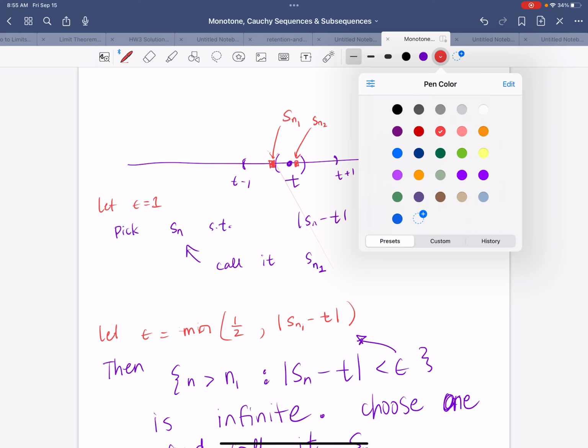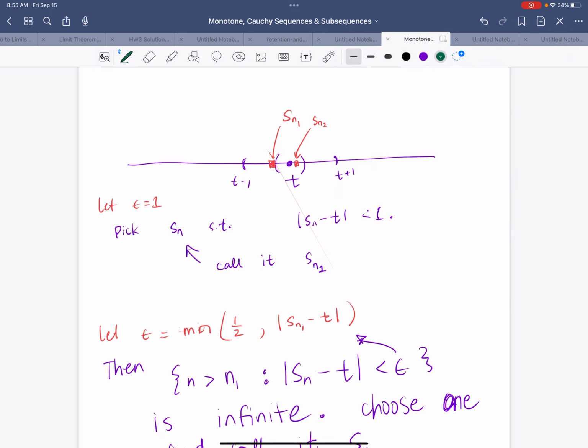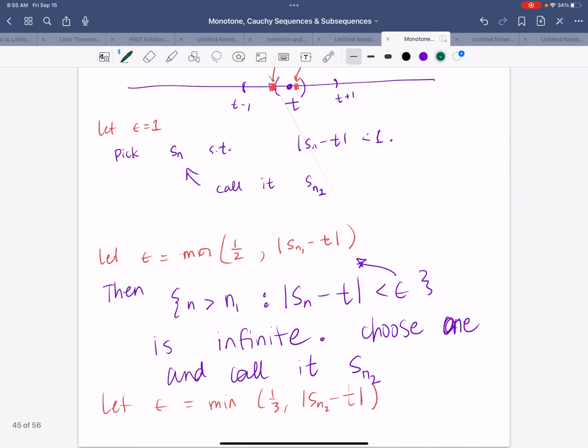So to get my sequence to be monotonic, let me use a green here. What I would say is instead of saying that this set is infinite, I would say this set where t minus epsilon to t, right?